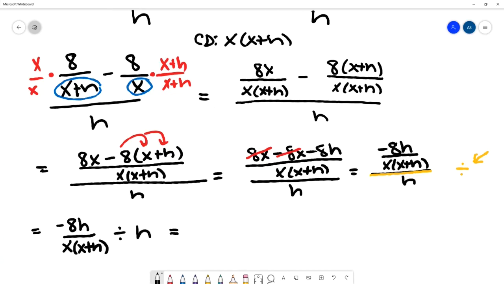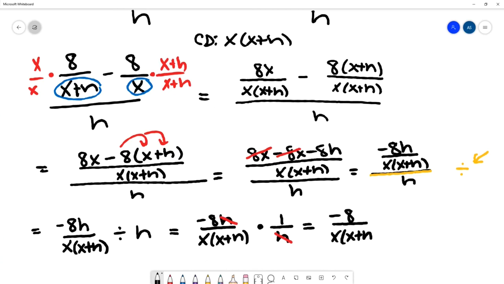And when we divide fractions, we change it to multiplication by the reciprocal. So we would write negative 8h over x times x plus h times the reciprocal. The reciprocal of h is 1 over h. And finally, we are now able to cancel this h out of the denominator and write this as negative 8 over x times x plus h.